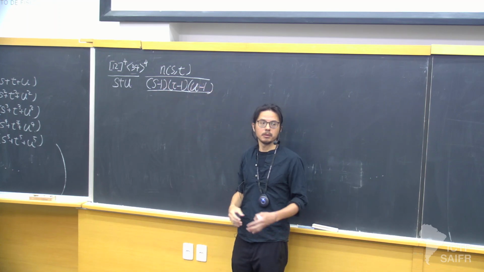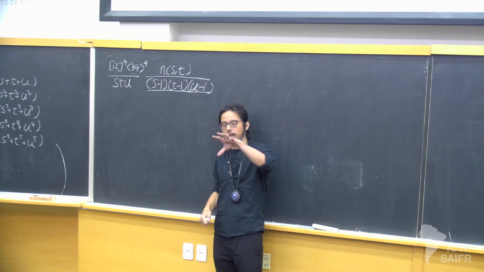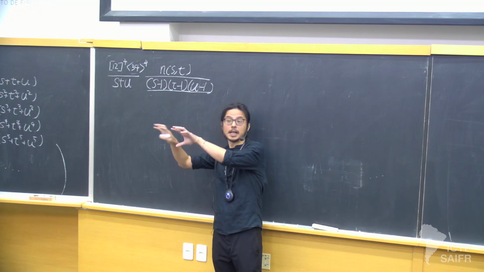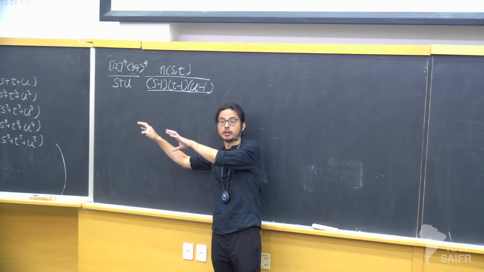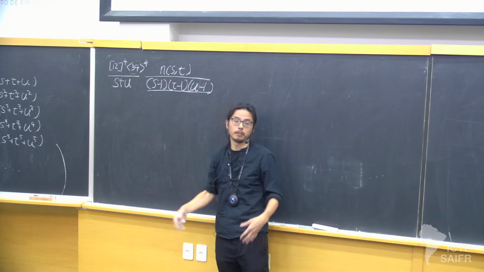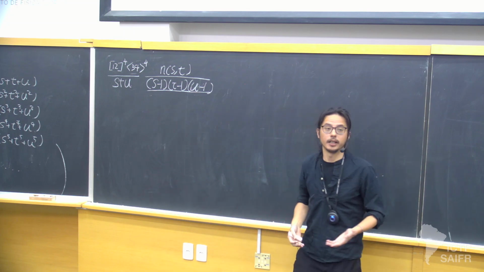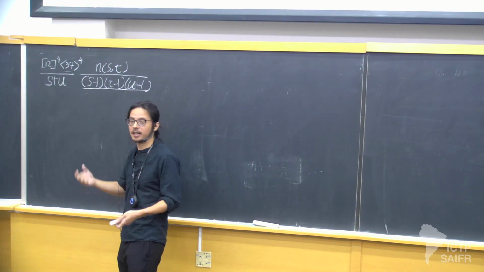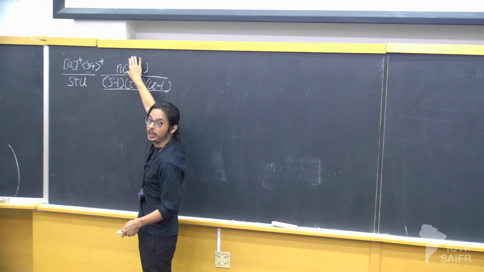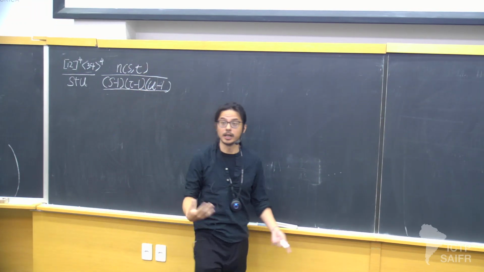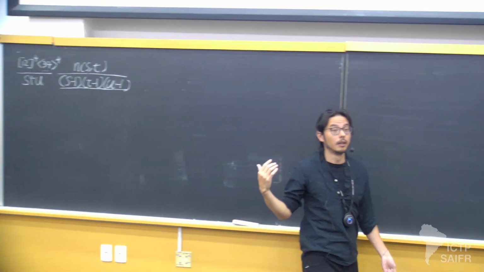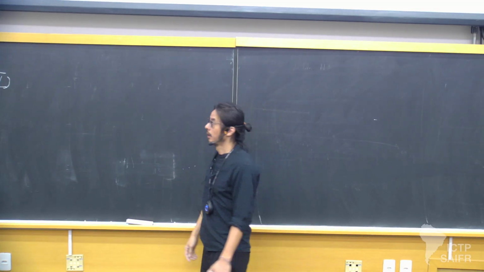You might say, shouldn't it be a massive pole in the S channel plus a massive pole in the T channel plus a massive pole in the U channel? Why am I putting everything together? Well, because I can just put them together, and you put them together in Mathematica and it'll give you some numerators on top. I can always do that. So this is a very general formula.